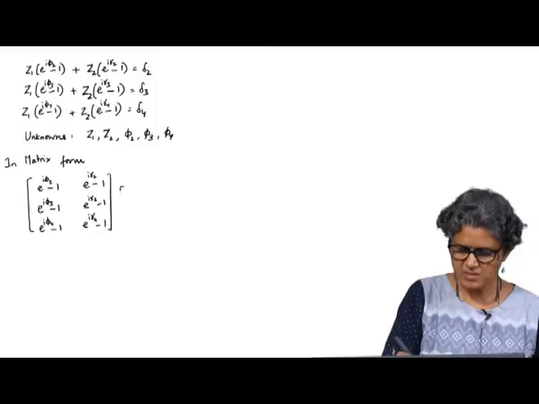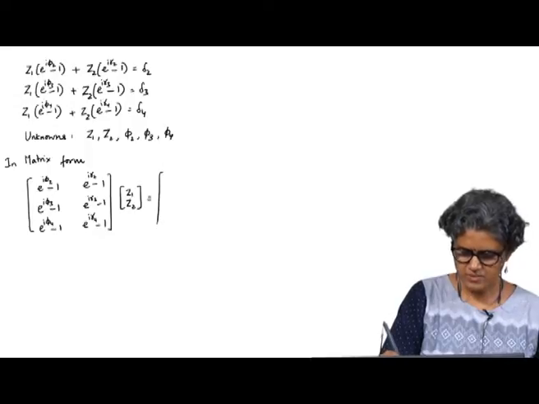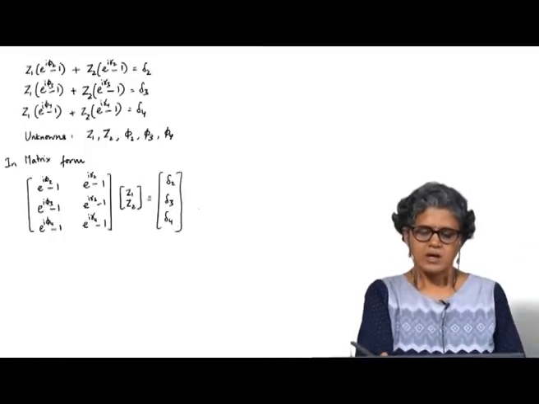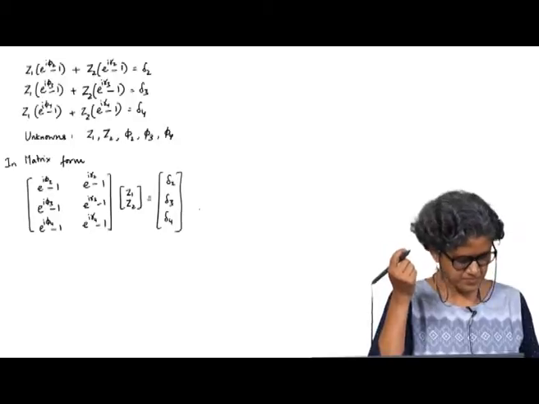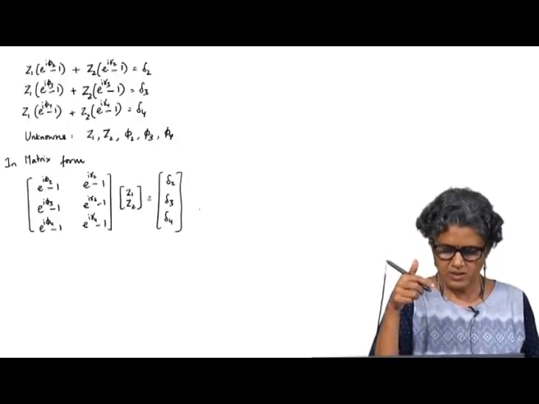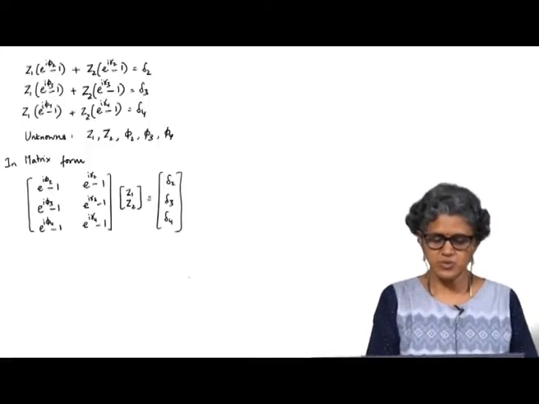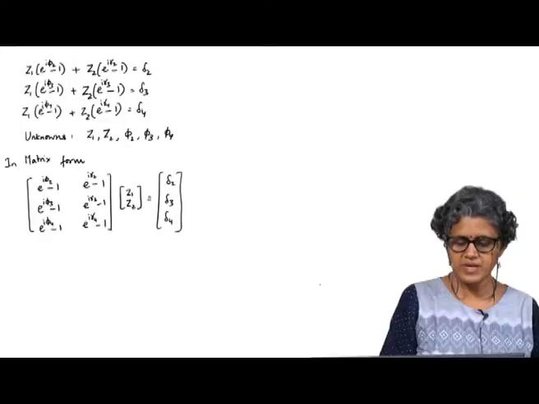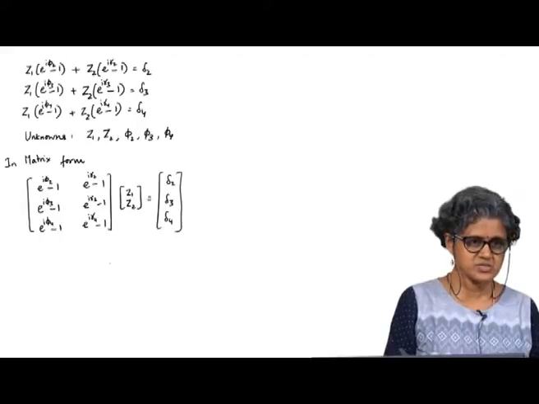The same equations can be written in this form. Same thing. So, if I want this system to have a solution for z1 and z2, then the determinant of my augmented matrix has to be 0.